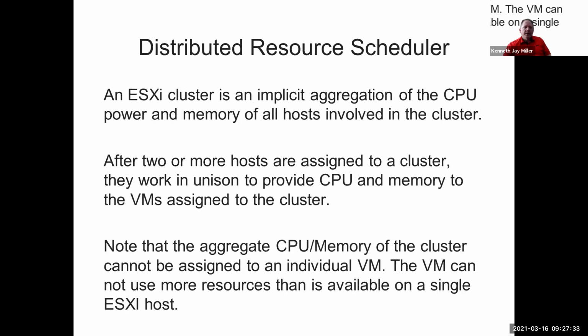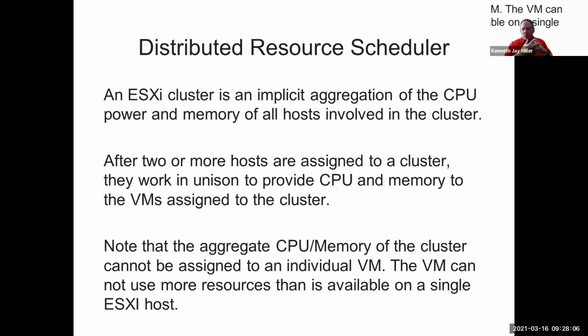All right. Now, the DRS can also work with clustering, and we'll have a lecture in the lab on clustering in Windows in Hyper-V in probably about 6 weeks from now, where we'll get to that. And the ESXi cluster is an aggregation of the CPU power and memory of multiple hosts that are part of a cluster.